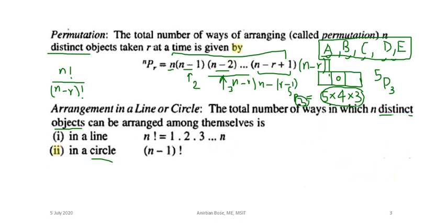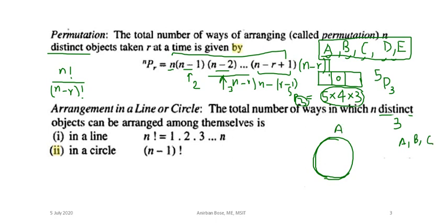Instead of arranging in a line, if you want to arrange in a circle, remember, suppose this is a circular path and you want to arrange these people. Let us consider a small case, say 3 people, A, B and C. How many ways can you arrange them?